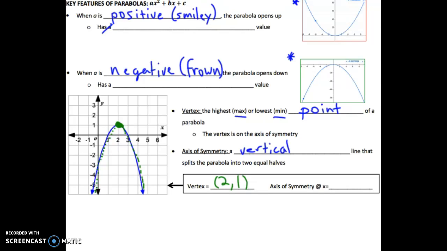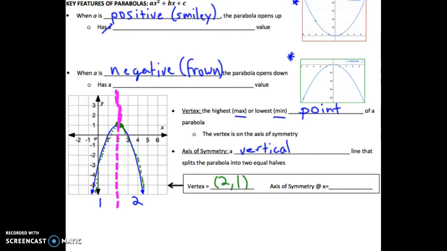So it exists right there. So it cuts the parabola into two equal halves. I hope you can see that the left side and the right side are the exact same, minus a little error of the drawing.